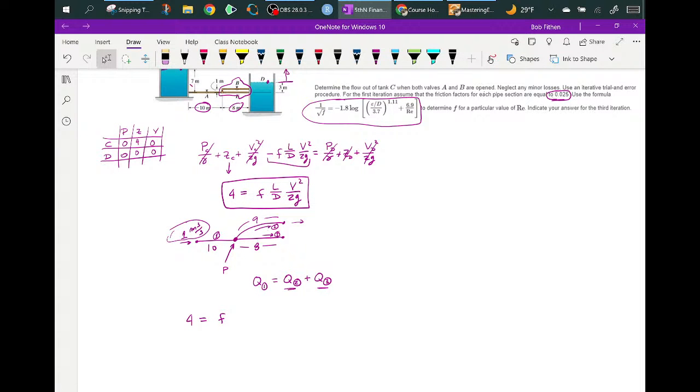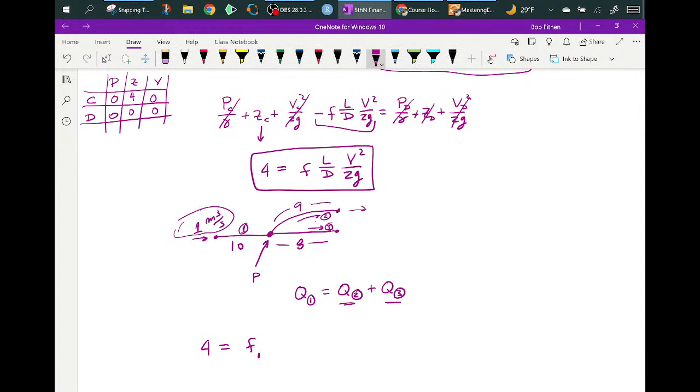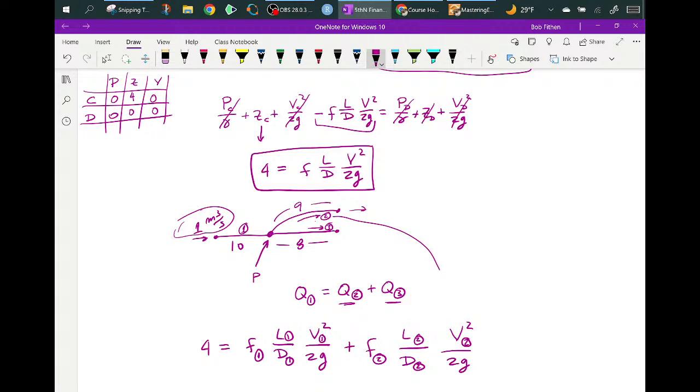So I'm going to identify this as pipe 1: the friction factor times the length of pipe 1 over the diameter of pipe 1, times V through pipe 1 squared over 2G, plus the friction factor through pipe 2, the length of pipe 2 over the diameter of pipe 2, times the velocity through pipe 2 squared over 2G. That is if I went through this pipe and up through here.